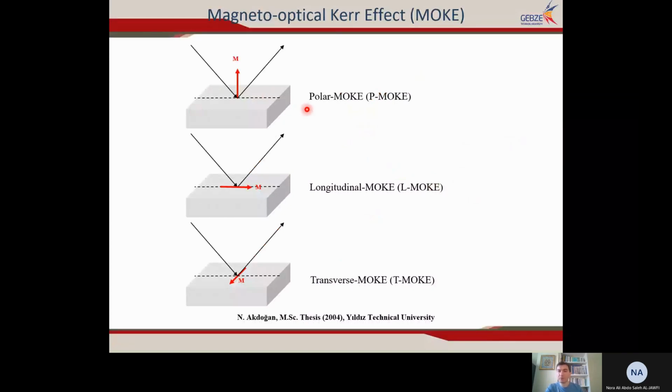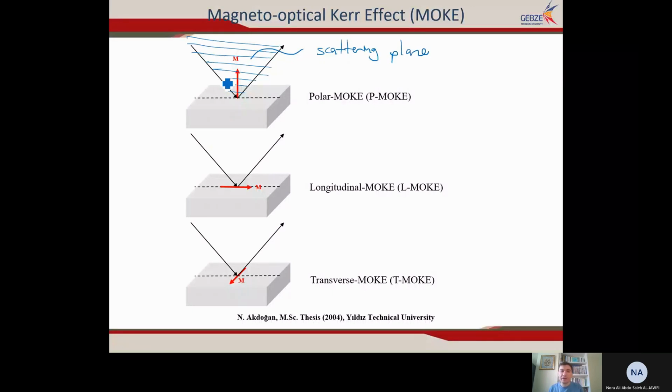We have polar MOKE, short name P-MOKE. This is the surface of the thin film, and we have magnetization perpendicular to the surface of the thin film. This thin film is magnetic, and its magnetization is perpendicular to the film surface. This is the incident photon, this is the reflected photon. Look at this one. The incident and reflected photons produce a scattering plane.